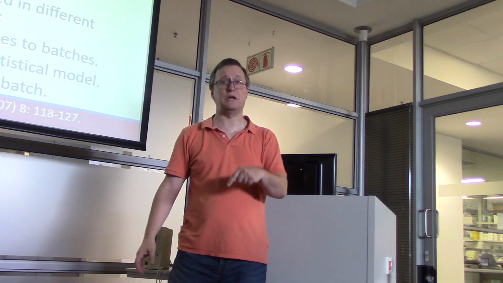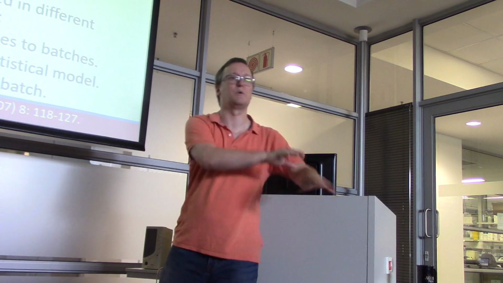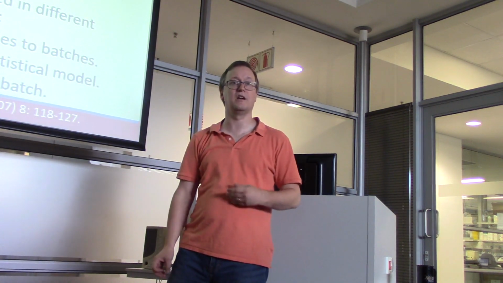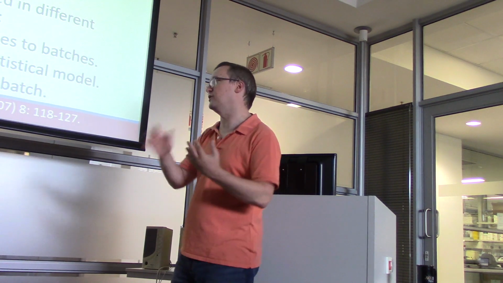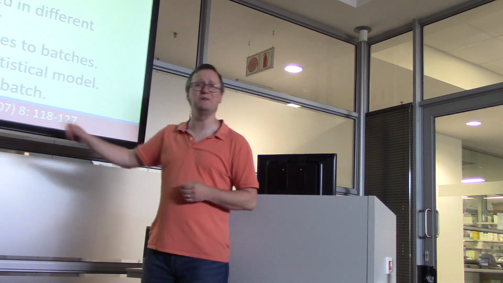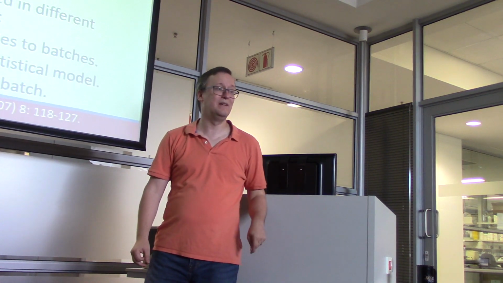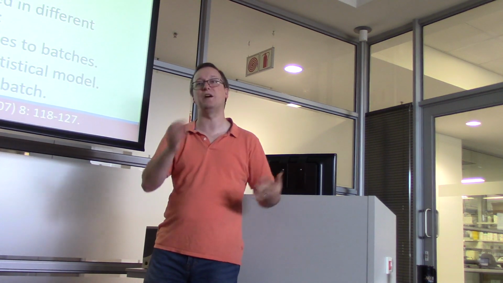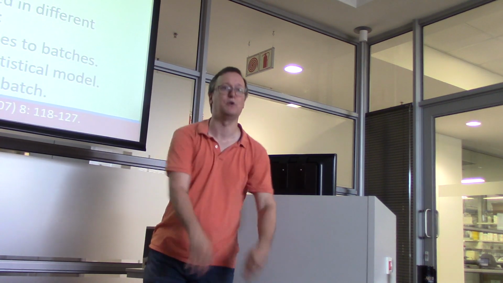Inform the statistical model you're using that these experiments were produced in batch 1, these were produced in batch 2. This is a covariate that may help your model disentangle this batch effect. And it's always helpful if you have the same sample run in every batch, because that will give you some sense of just how much variance is occurring because the sample was being run at multiple times.